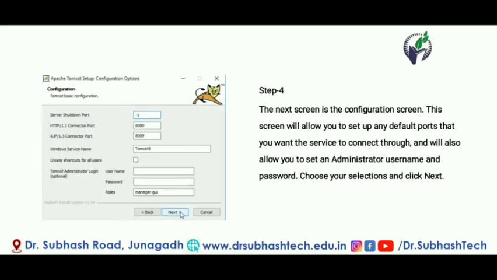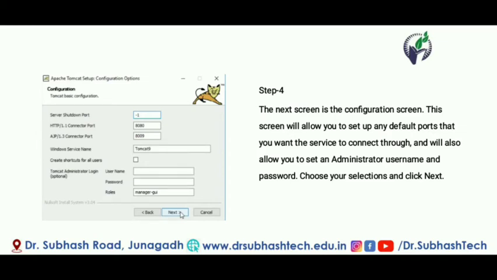Then step 4 is defined, the Tomcat configuration options. There are different ports. The first one is the server shutdown port, the second is the HTTP connector port, and the third is the connector port for AJP. Then there is the Windows service name, which is the service name defined when you run Tomcat.